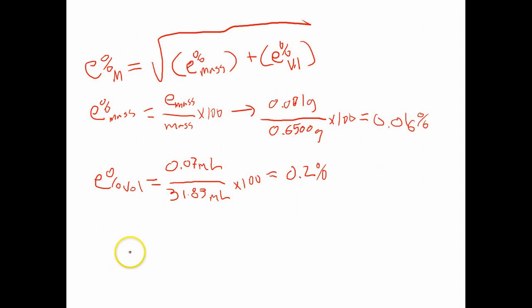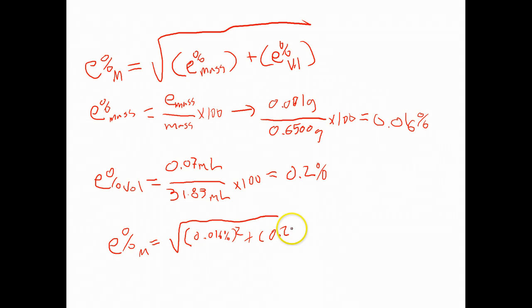All right, so we'll find this overall error is, right, square these and take the square root, so you get the square root of 0.016% squared plus 0.2% squared. Okay, so if we combine these two together, we determine our overall percent error.